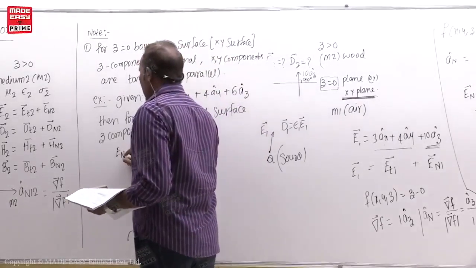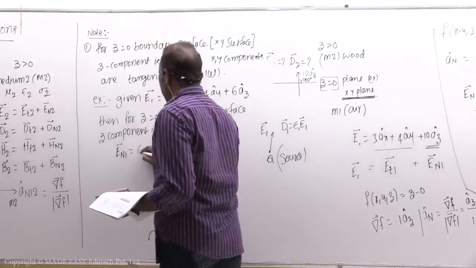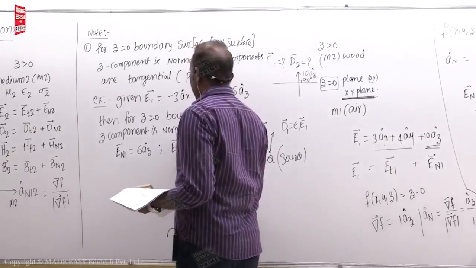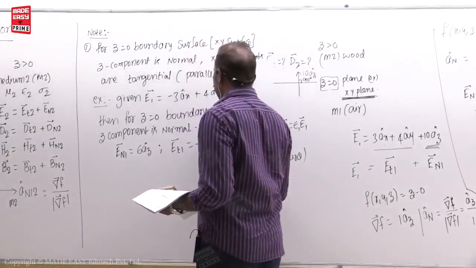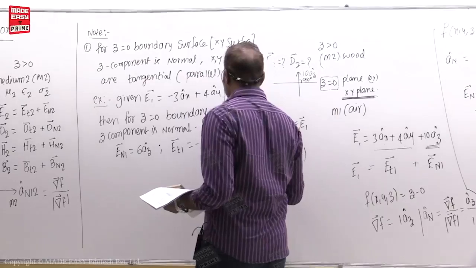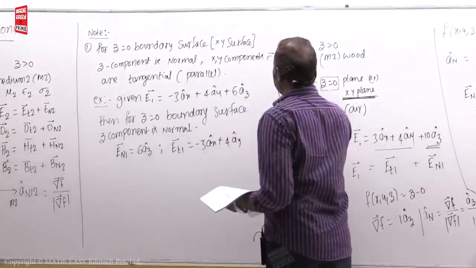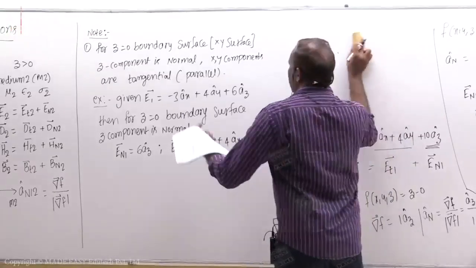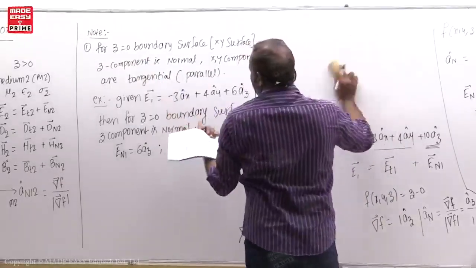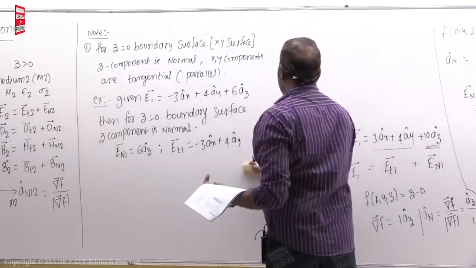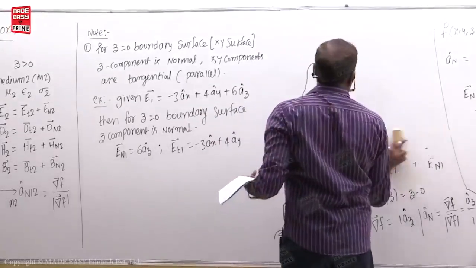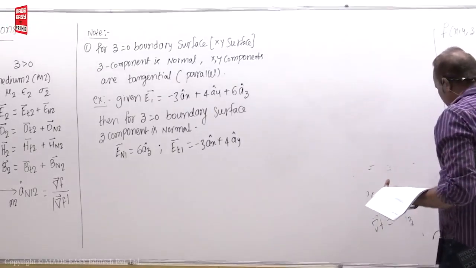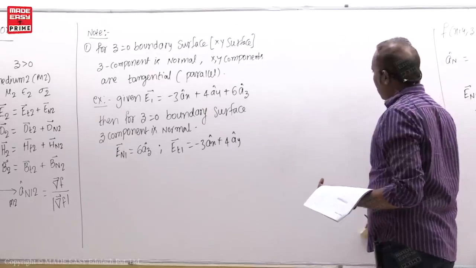So En1 bar is equal to 6az. Now the remaining components are tangential components. Et1 is equal to minus 3ax plus 4ay. So this is one point you have to remember, students. If x equal to 0 is the boundary, then the x component is the normal component, and the remaining are the tangential components.